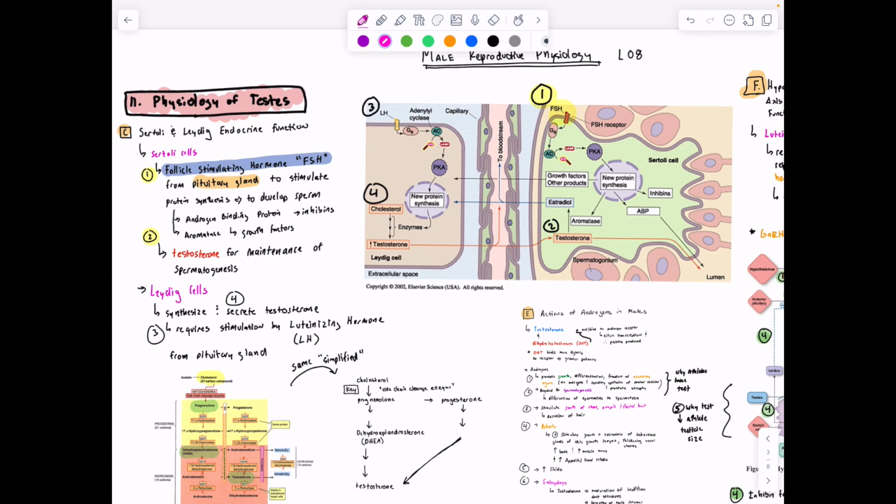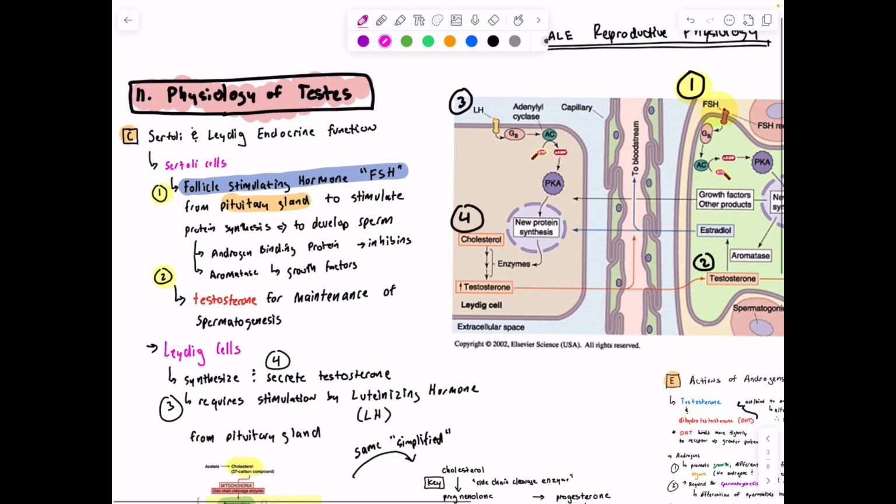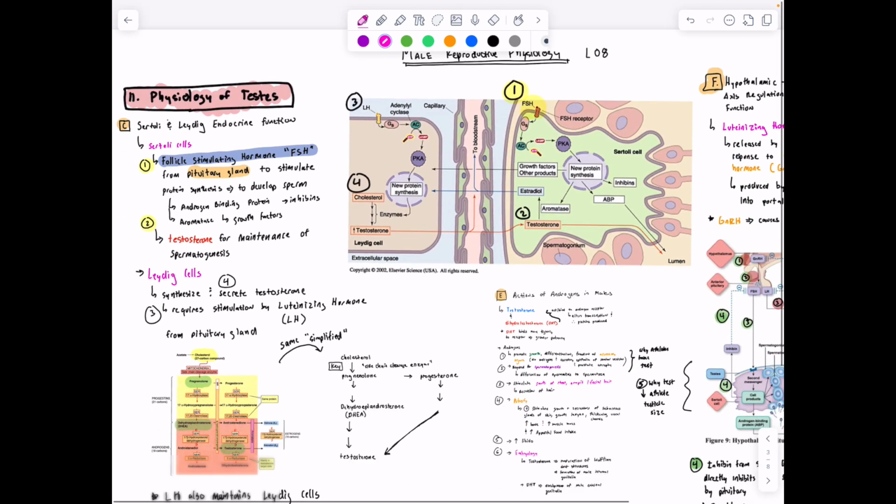In terms of the Sertoli cells, we know that the Sertoli cells are going to nurture the sperm, and so we know testosterone is really important. In particular, these Sertoli cells, in a way, kind of act like the granulosa cells from the ovary, even though we're talking about testes here.